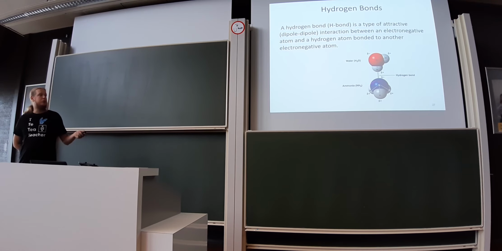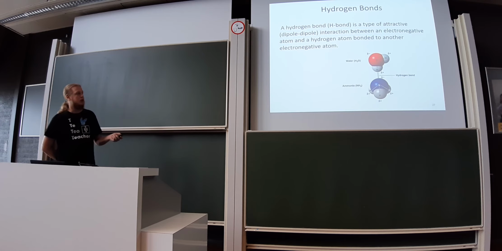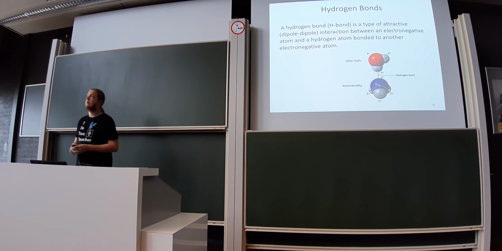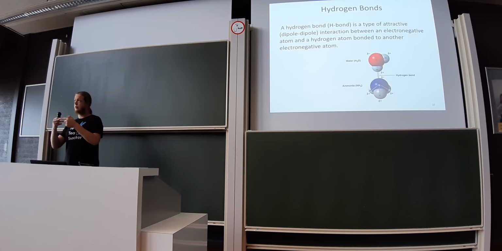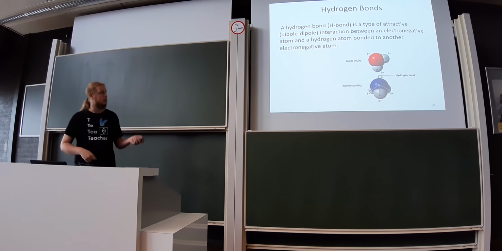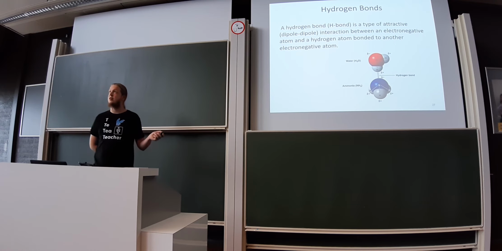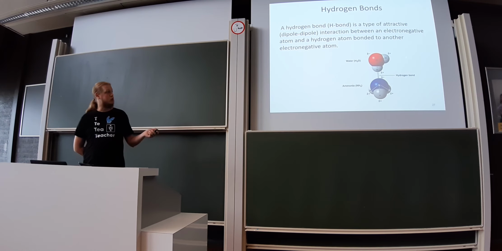So these two forces, or rather these two electric charges, attract each other. So if they find each other in solution or in an environment, they will form a hydrogen bond. This is called a hydrogen bond because water has a lot of these things, and of course hydrogen is always involved in it.